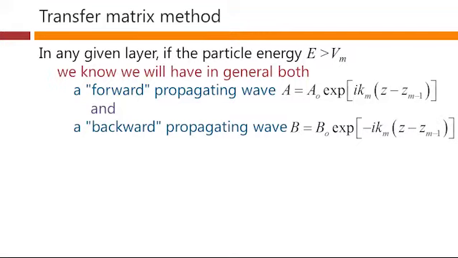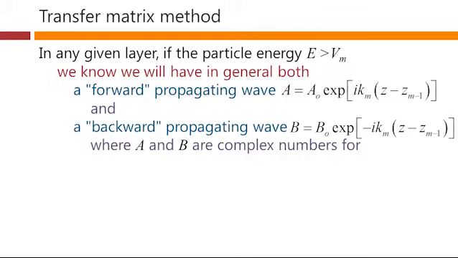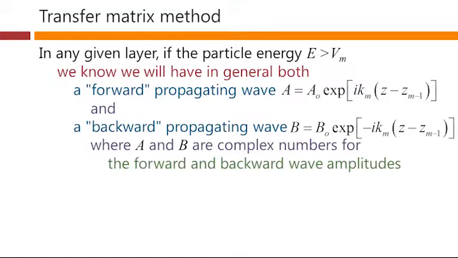And in this algebra here, for each different layer, I'm going to refer the distance relative to the position of the interface to the preceding layer. It's up to me how I choose to define this. It makes no difference to the end of the problem, but it does change the algebra, and I'm going to make this my algebraic choice. And of course, A and B are complex numbers for the forward and backward wave amplitudes.